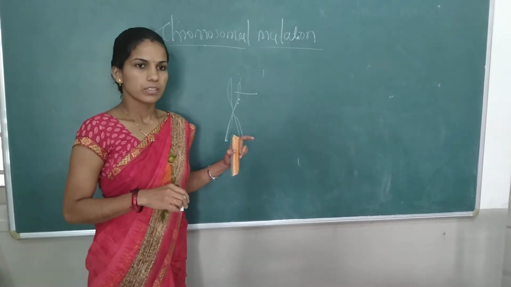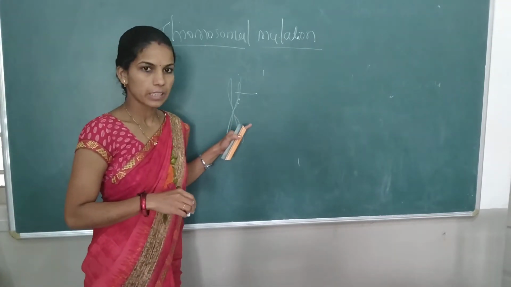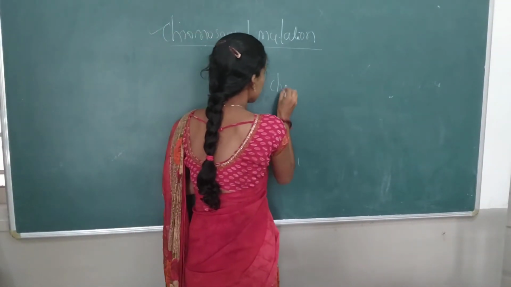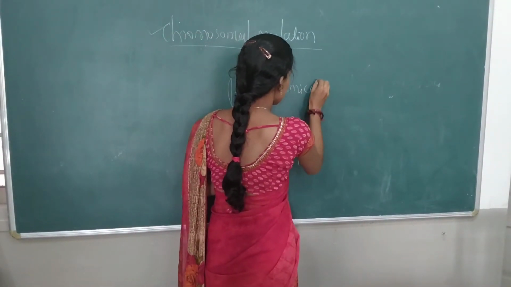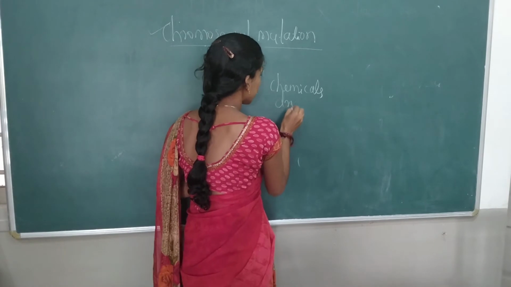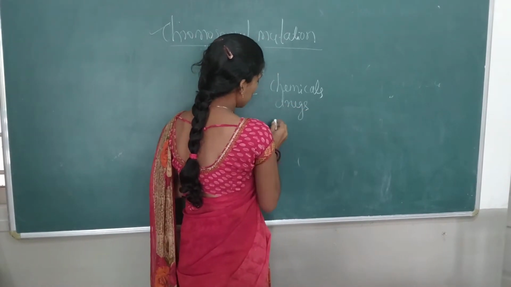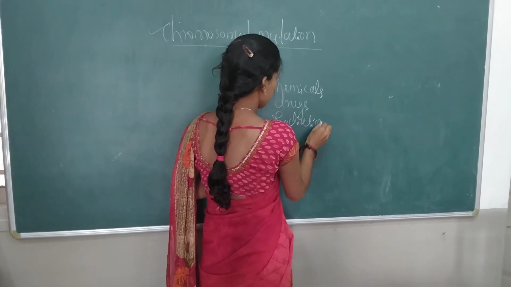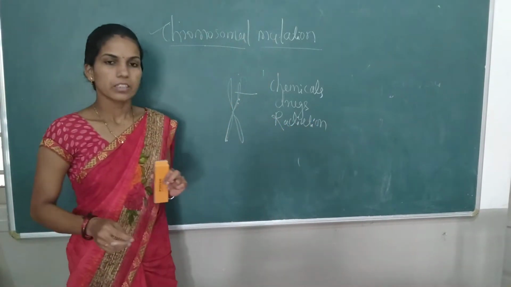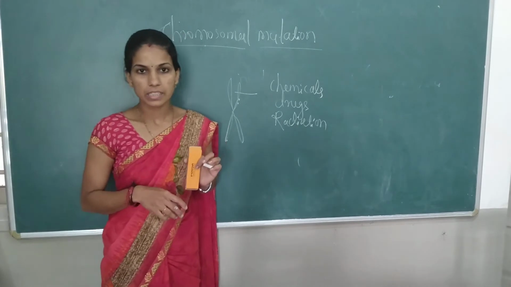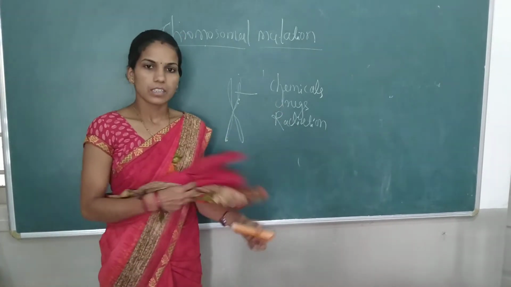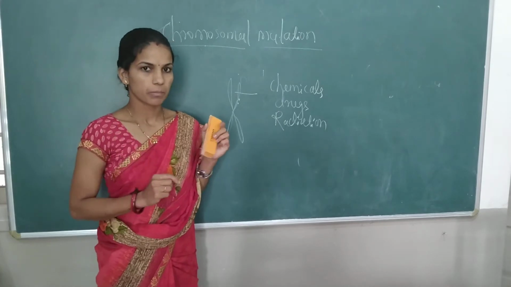Then what are the different factors that cause deletion of the chromosome? It may be due to chemicals, drugs, or radiation. Due to all these factors, deletion of the chromosome takes place. Chemicals, like nitric acid and other chemicals, if they go into the cells of the body, cause breaking or loss of a segment of the chromosome.